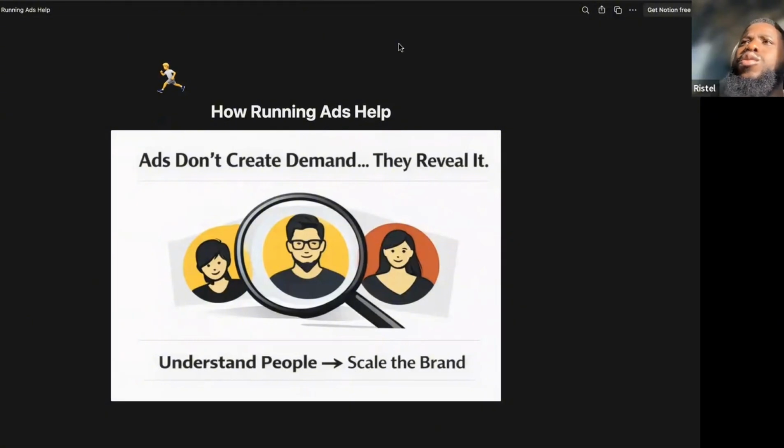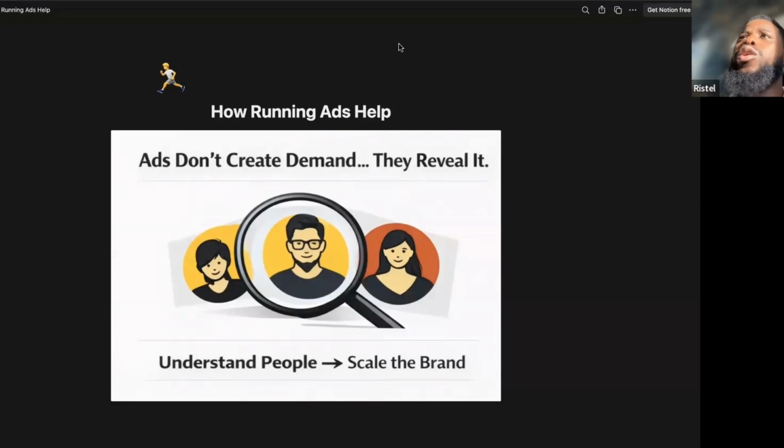If you run ads too early, usually it just crushes your brand because you haven't even identified one or two strong customer avatars. But once you're able to identify the first two, and you start running ads, you identify new audiences, you identify new buying behaviors, you identify new asks or questions that they may have for you, which you can in return bring a solution to.